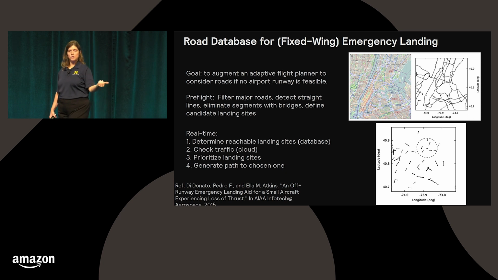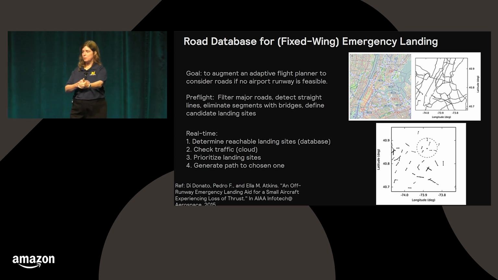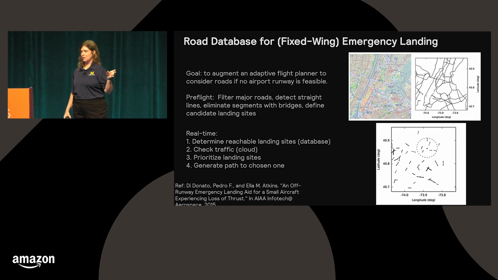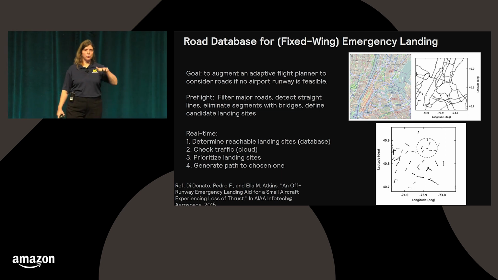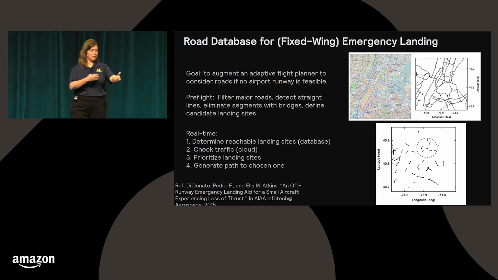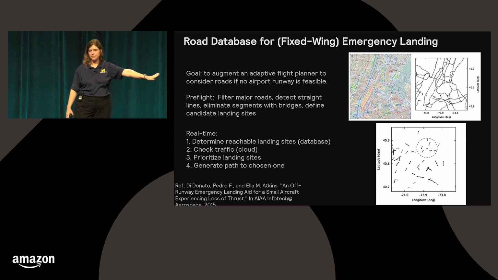If you also have traffic data so that you know the flow speed, like you get on your app on your phone that tells you it's green traffic, and you know the speed limits, then the idea here is if you're a fixed-wing airplane, you need to have a speed that's greater than stall. So ideally, what you want to do is treat that road as an entrance ramp from the sky, right?